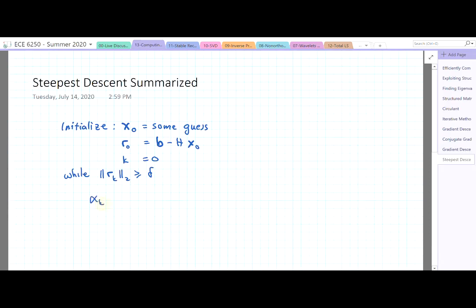We calculate our alpha, rk transpose rk over rk transpose H rk, and we have x k plus 1 just equal to xk plus alpha rk.